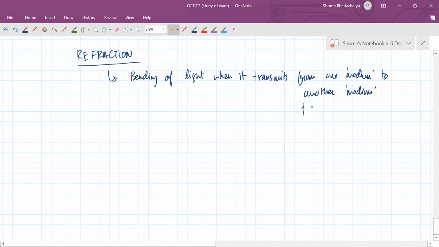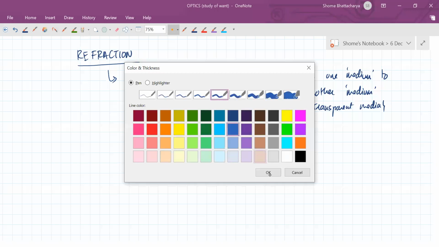Okay. Both are transparent media. That means light can pass through them. So that phenomenon is called refraction.